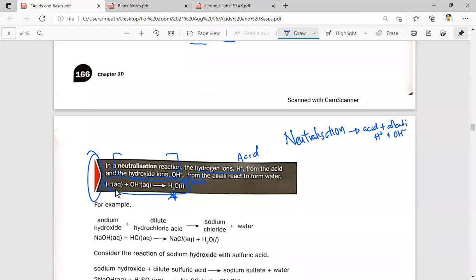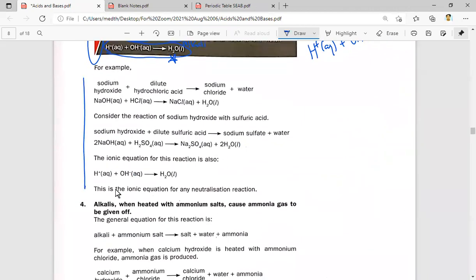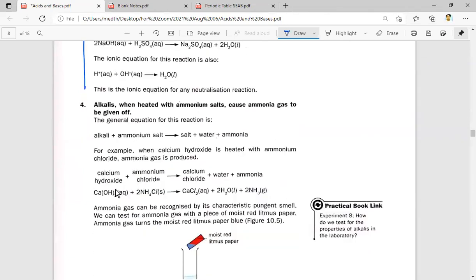Hence, the equation that should come to your mind is H+ (aq) + OH- (aq) gives H2O. You must take note of this reaction. It's quite important. This is just further elaboration on the reaction itself. I won't go into details, but you can read up on your own, and most of you should be quite familiar with this already.